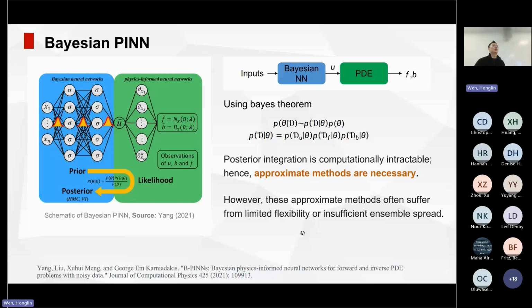But I have to say, most often these Bayesian neural network models have very limited flexibility, and the ensemble spread is very limited, which means they are very sharp, but the distribution is not consistent with the real observation.